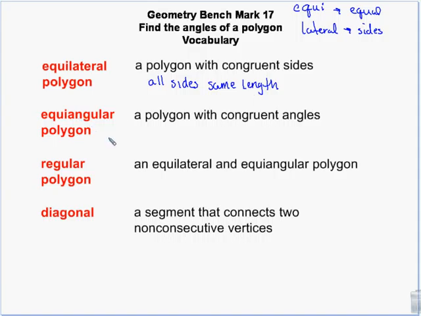An equiangular polygon, equal angles, so all angles have the same measure. Okay, so you can have a polygon with all the same length sides but different angles. You can have a polygon with all the same angles but different side lengths, for example, a rectangle. But if you have both equal sides and equal angles, you're called regular.